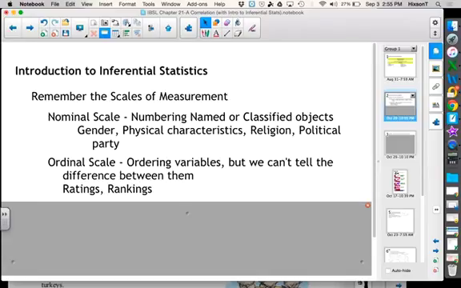Or even a 4 and a 5. Because you could have people who scored very, very close to each other. It's just they were right near the border between a 4 and a 5. Or you could have had one person who almost got a 3 and another person who almost got a 6, and their scores are way away from each other. But they still have a 4 and a 5 as their score. Those are ordinal scale values.